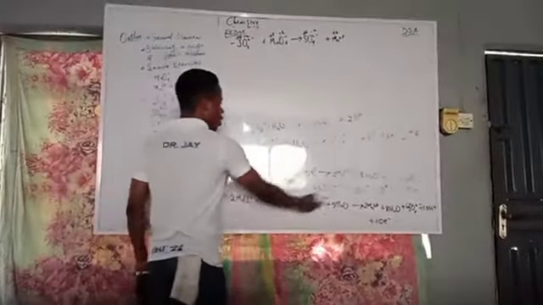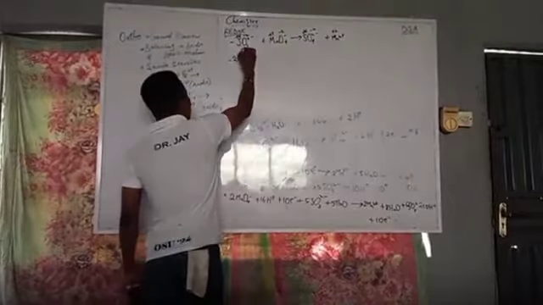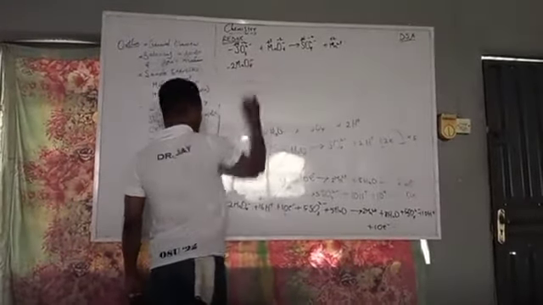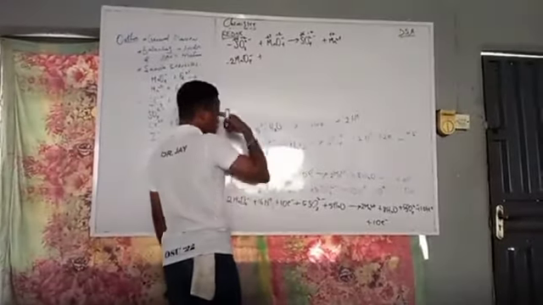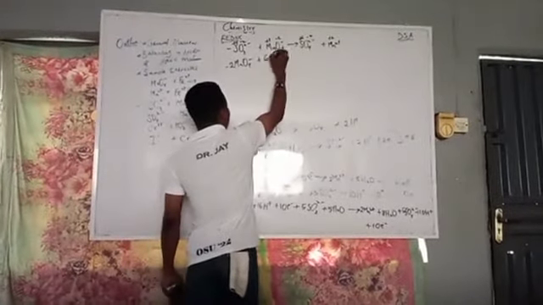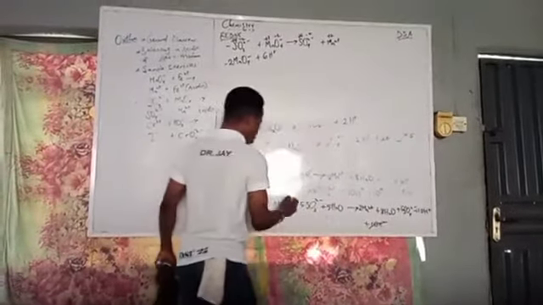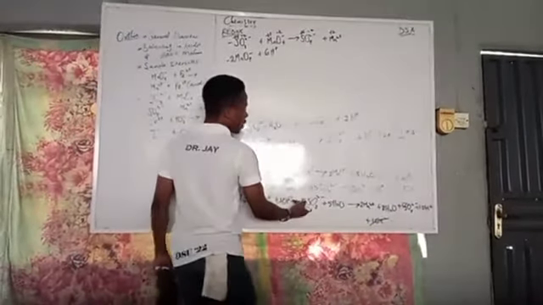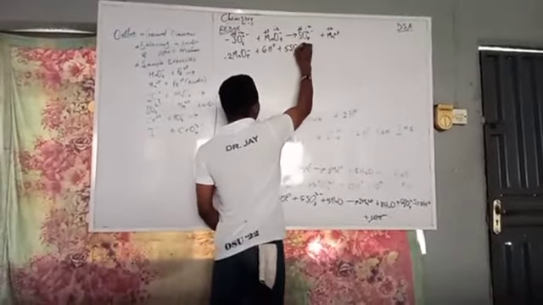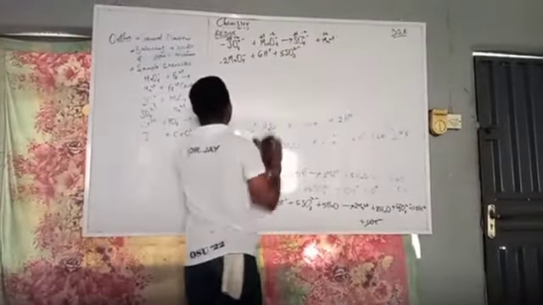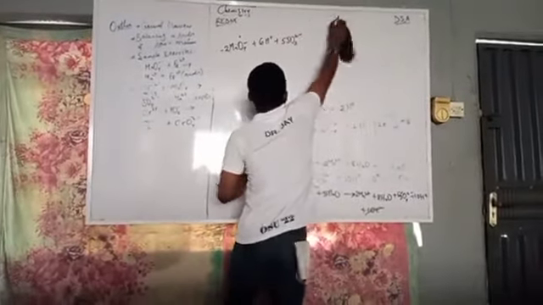You don't have any MnO4 here, so we're going to start with 2 MnO4 minus plus, from 16 remove 10, we're going to have 6H plus left. 10 electrons as spectators. Okay? Plus 5 SO3 2 minus. I hope this does not confuse us.